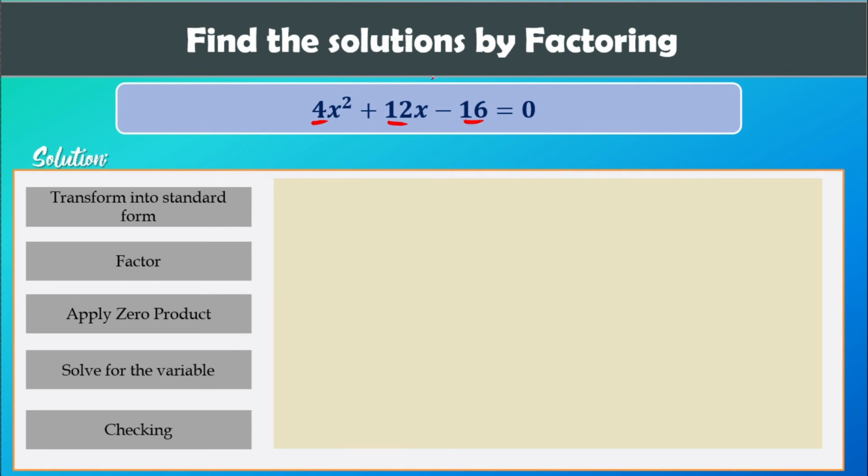Okay, gagawin natin is we're going to factor out 4. Factor out natin yung 4, sa magiging x squared plus 3x minus 4 equals 0. Okay, we can still simplify this one. We can divide the whole equation by 4.